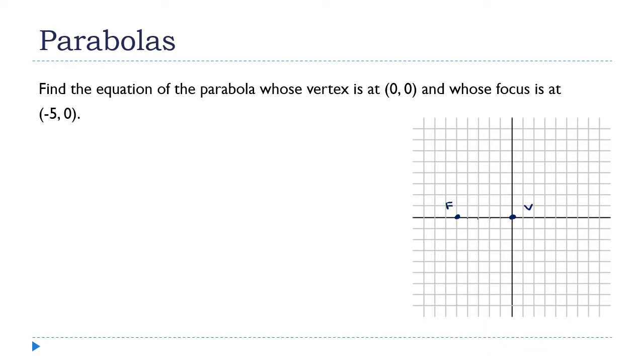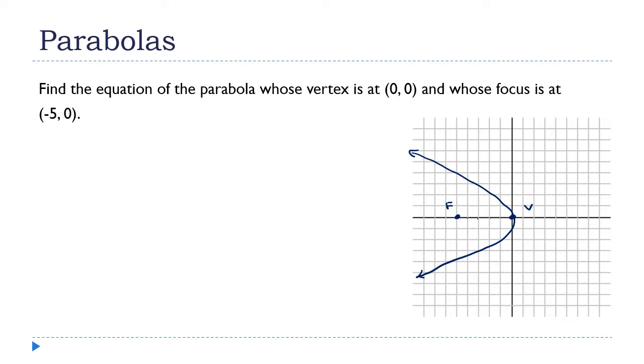I'm a very visual person, so I'm always going to start off with a sketch. I know that the focal point has to be inside the parabola. Well, if it's going to be inside the parabola, then it needs to be this left facing one. Okay, so now I know the general shape.